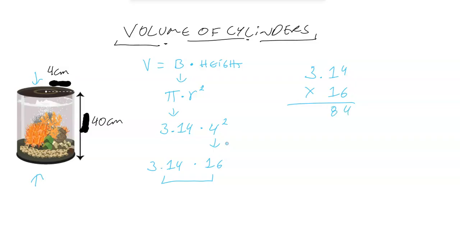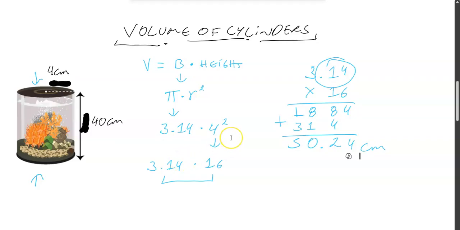This is 8, carry nothing. And this is 18. And then I multiply by 1. This is 4, 1, 3. And then we add this. This is going to be a 4. It's going to be a 2, carry 1. This is 10, carry 1. And this is 5. I have 2 decimals, and I'm going to move my point over here. 50.24 centimeters squared. So that's going to be my base.